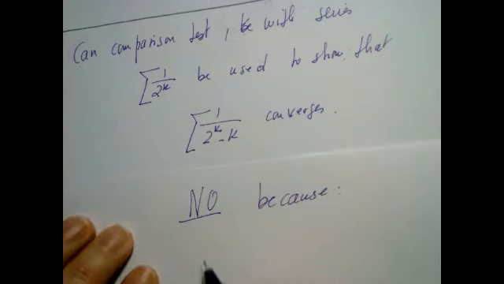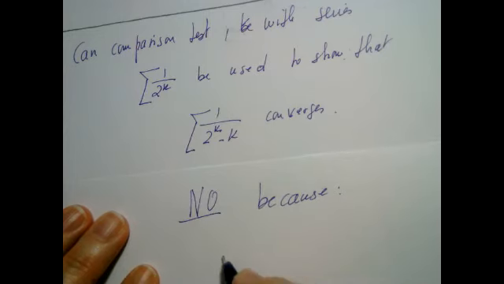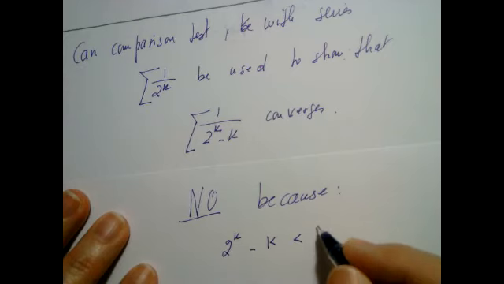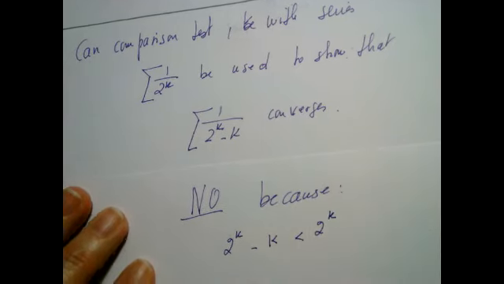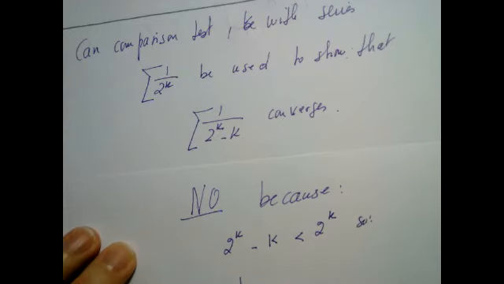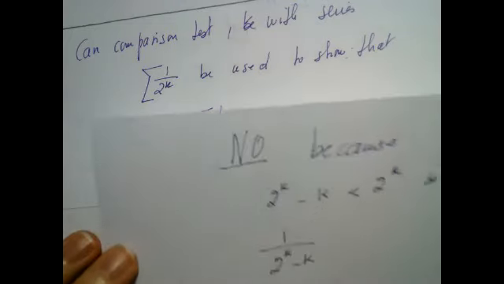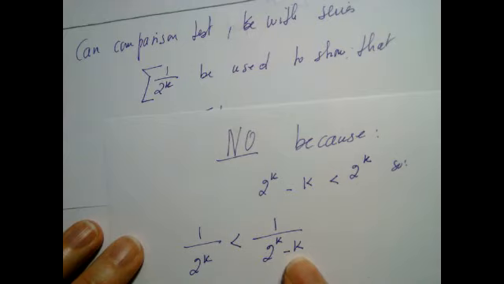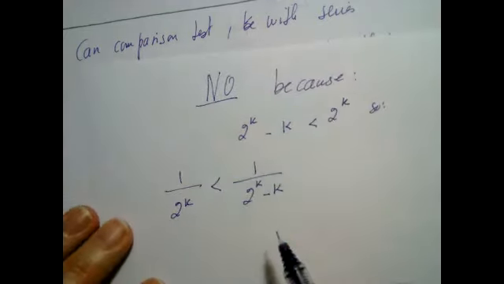If you take 2 to the k minus k, it is actually less than 2 to the k, because we're taking something away. So 1 over 2 to the k minus k is greater than 1 over 2 to the k, since the denominator is smaller, which means 1 over it becomes larger.